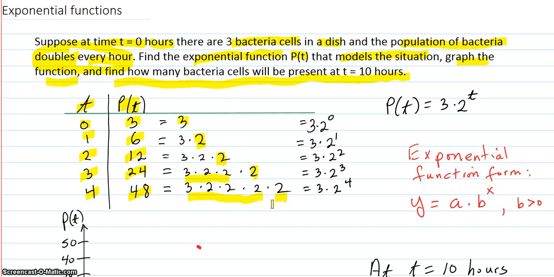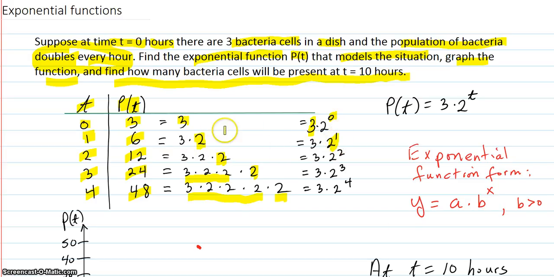So if we simplify this down, the 3 is 3 times, well, it hasn't doubled yet, so 2 to the 0 power, which is 1. So 1 times 3 is 3, so it's okay. Then after 1 hour, it looks like it doubles once. That's how you get to 6. So 2 to the first power, and there's one factor of 2.